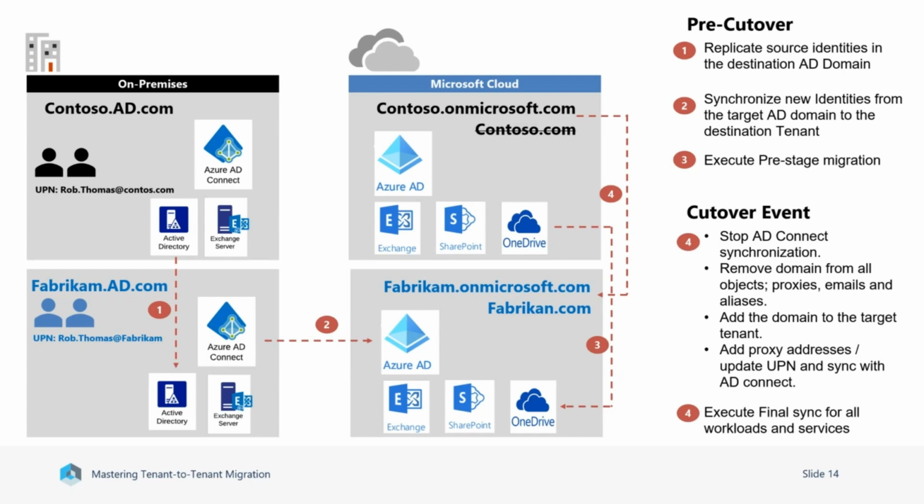This is where all of what I call the scaffolding occurs, building out the team structures, the SharePoint sites and so forth, just getting everything ready. Once that's in place, number 3 would be executing the pre-stage migration. We'd start to synchronize that data across into the target environment to capture as much information as possible, so that when we've got the cutover event, there's only a small number of days that we have to synchronize over.